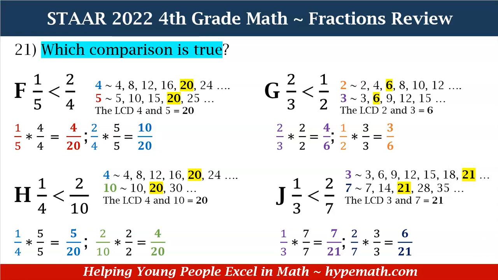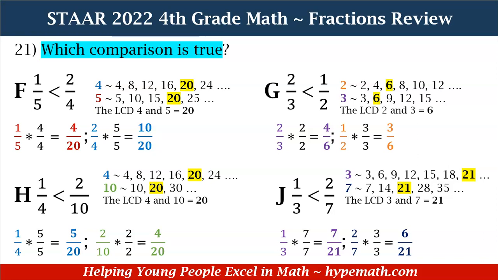So starting with 1/3, we are going to multiply our numerator and denominator by 7. We're multiplying our numerators going across. 1 times 7 is equal to 7. 3 times 7 is equal to 21. So my equivalent fraction for 1/3 is equal to 7/21.